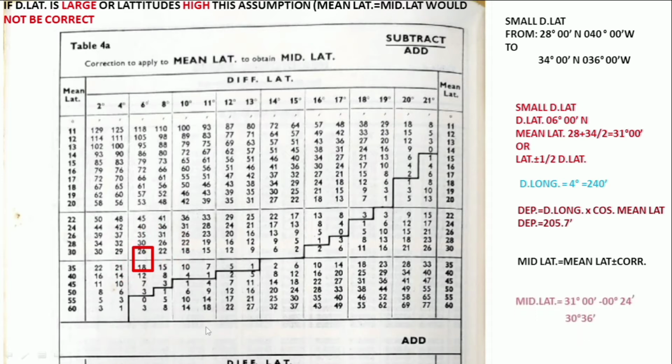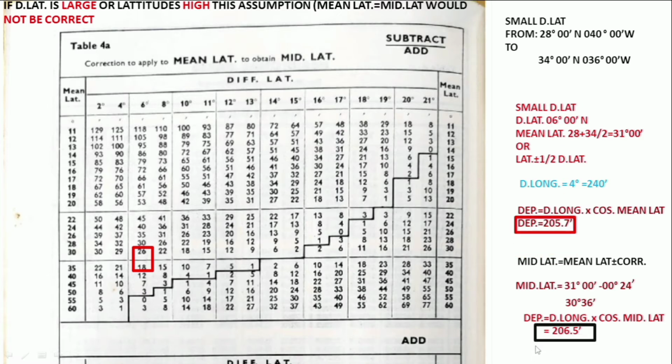I've just interpolated it here and I've written plus minus because you can add or subtract depending upon where you are, and I get my mid latitude as 30 degrees 36 minutes. Using this formula again, I calculated my departure and it comes to 206.5. Now if you notice, there's not much difference here.